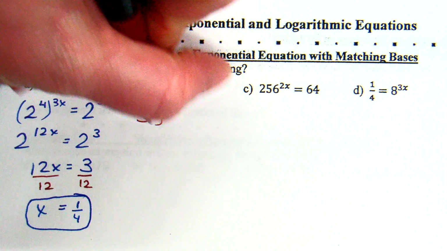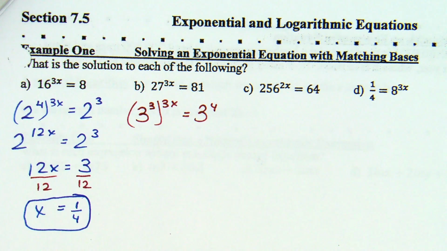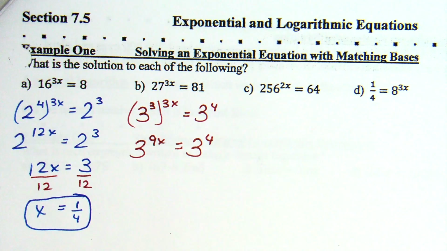And what's 81? 3 to the 4th. What do you know about 3 to the 3rd to the 3x? 3 times 3x makes it 3 to the 9x equals 3 to the 4th.